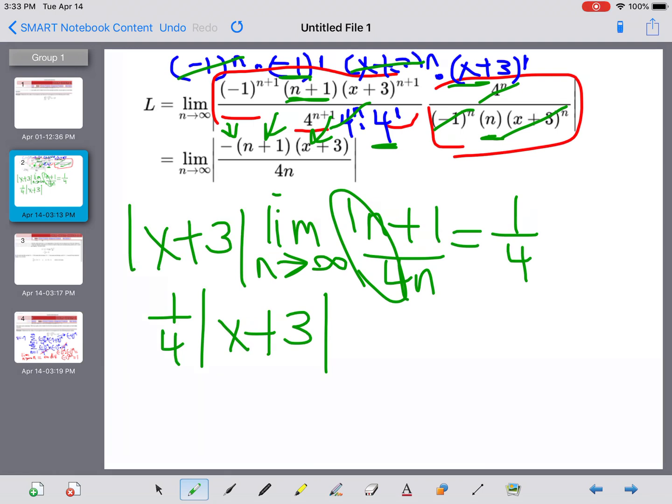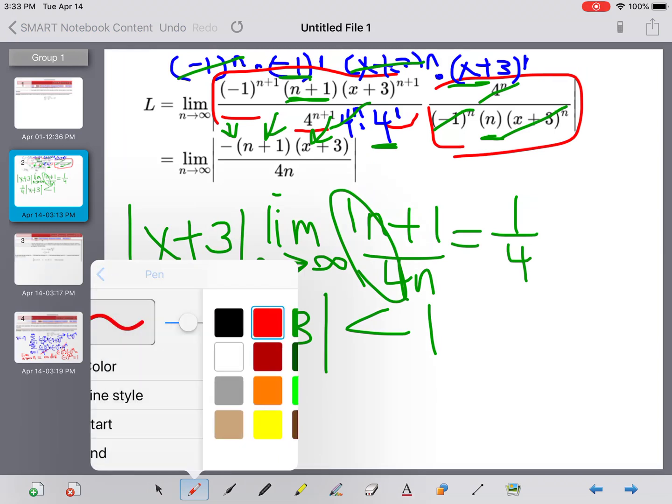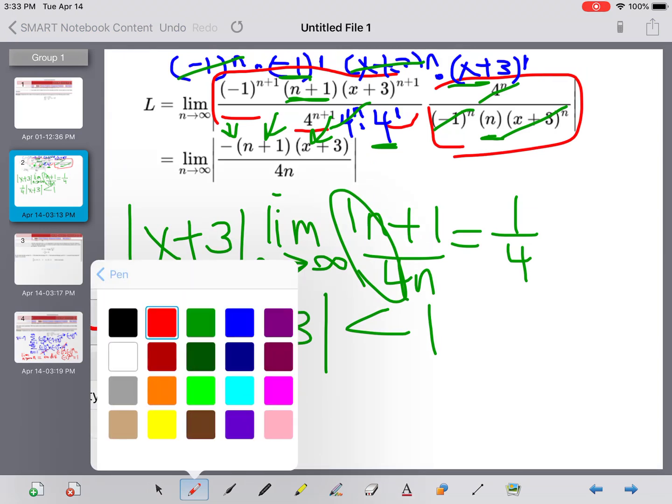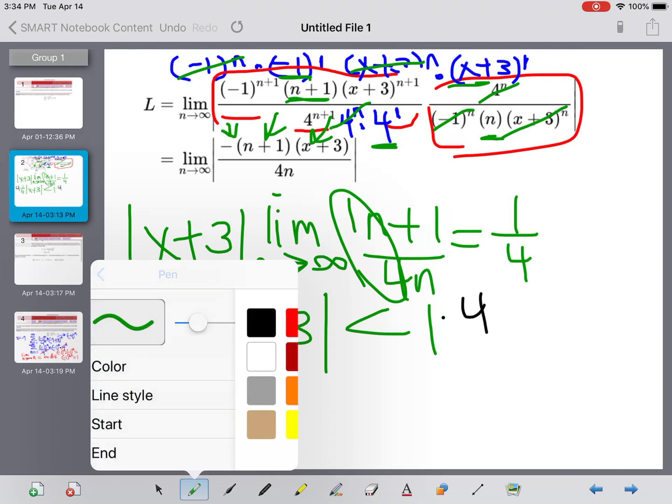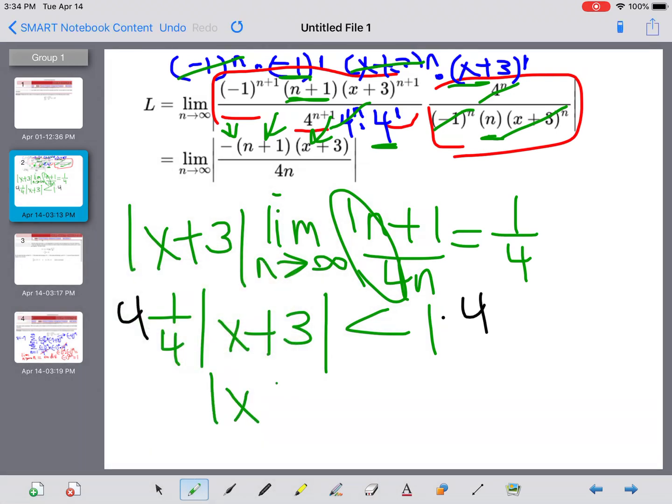So we know from the ratio test that our limit has to be less than 1 in order to converge. Now let's get rid of the fraction by multiplying both sides of the inequality by 4. So that leaves us with the absolute value of x plus 3 is less than 4.